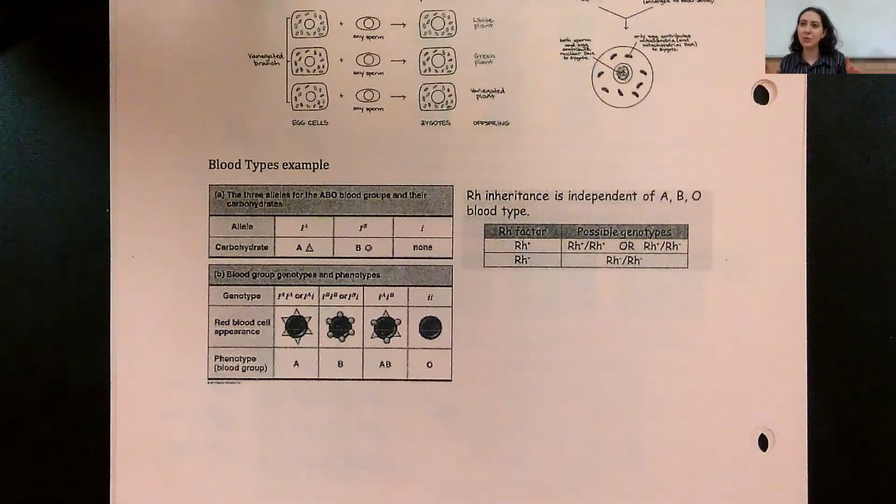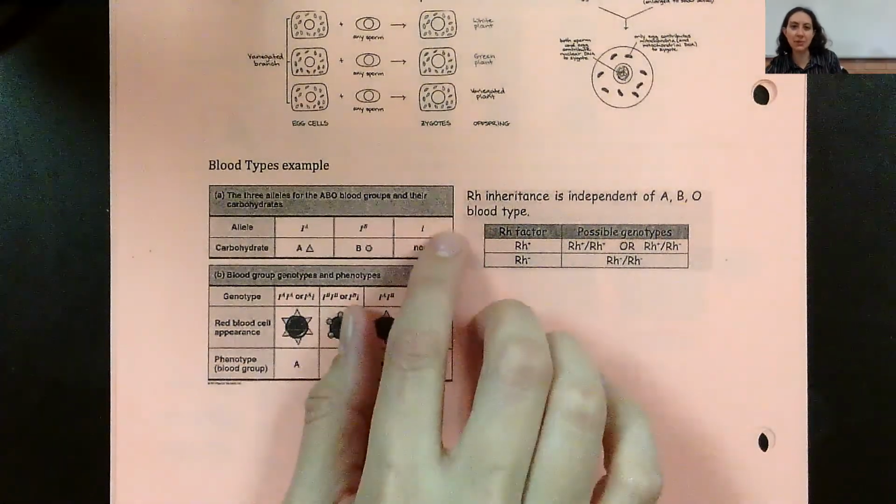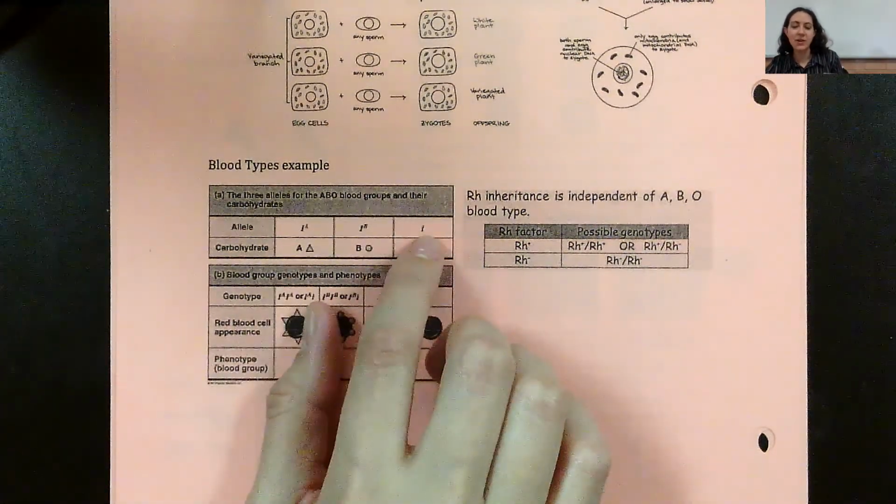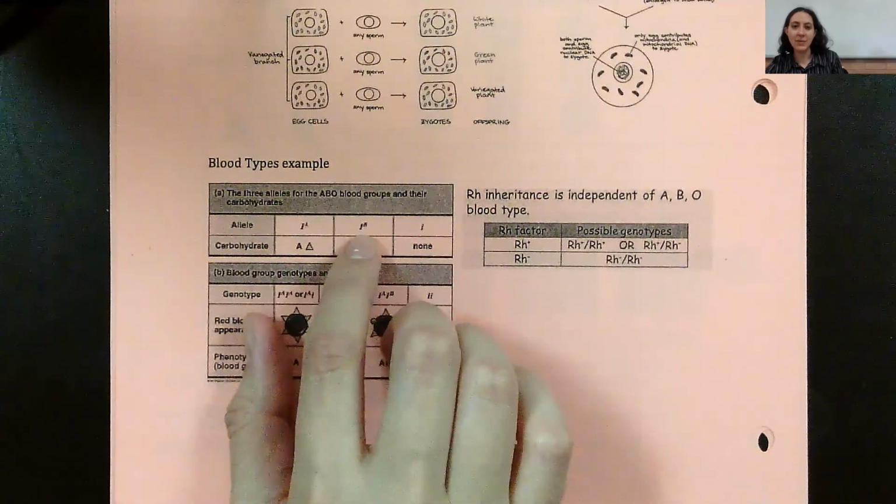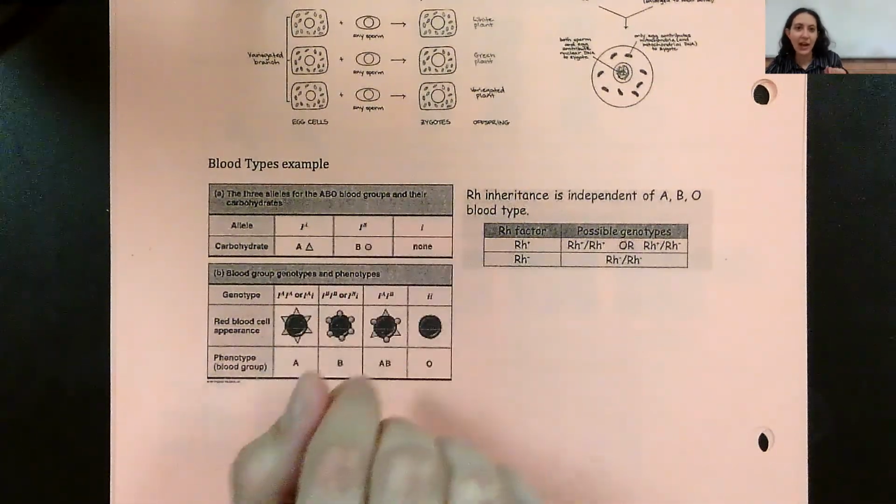This is a situation where there are actually 3 different alleles. Sometimes there's 2 alleles, sometimes there's more than that. In the case of skin color, it was 3 different genes. This is actually 3 different alleles. So there's the A allele, the B allele, and then the O allele, which is the complete recessive allele. So there's dominant A, dominant B, and then nothing.